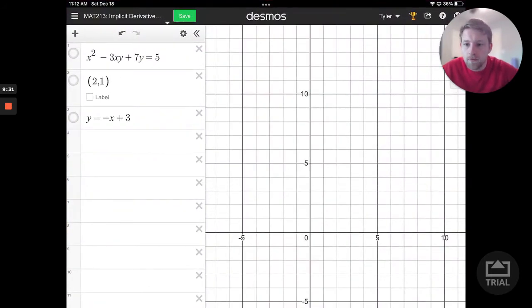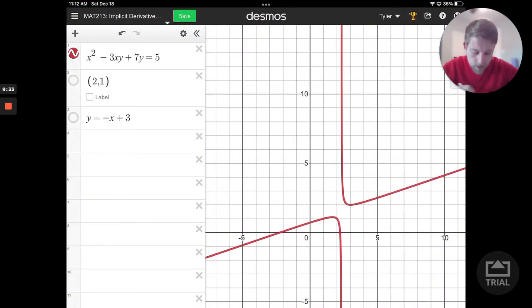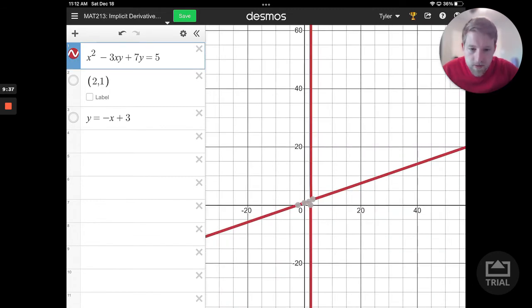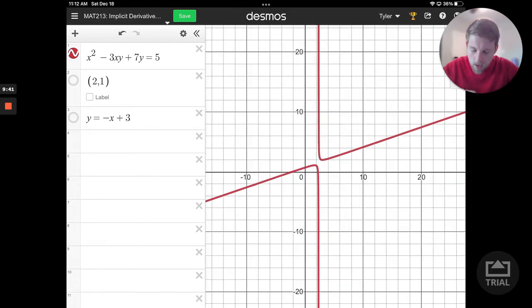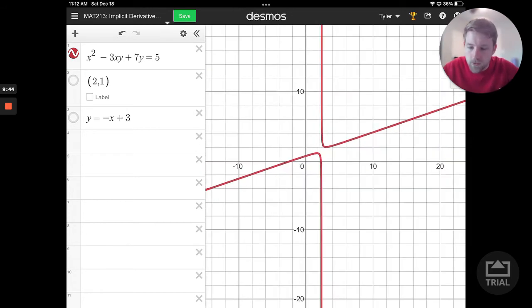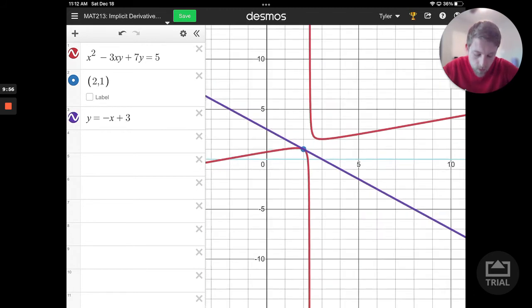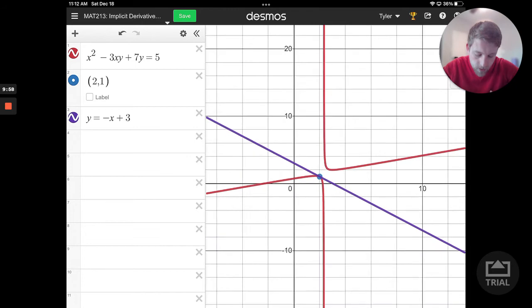So we have our curve. That's the original curve. Let's just take a look at what that looks like. It's going to have these V shapes to the side. And I'm specifically interested in the point (2, 1) that's on the graph right here. We'll notice that if we put the tangent line equation that we found on the graph, I think that does really well in representing our tangent line.